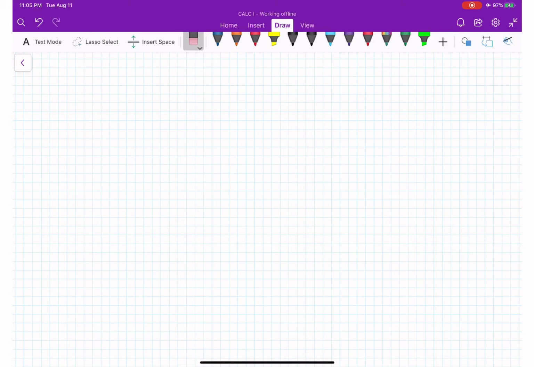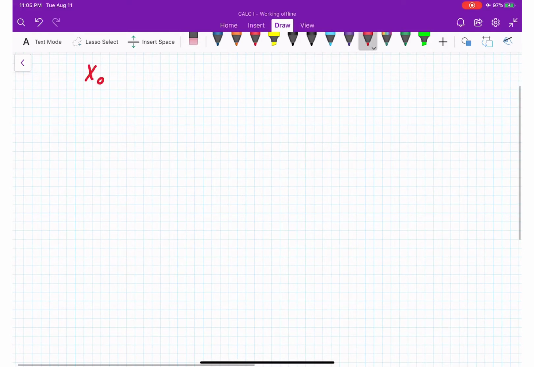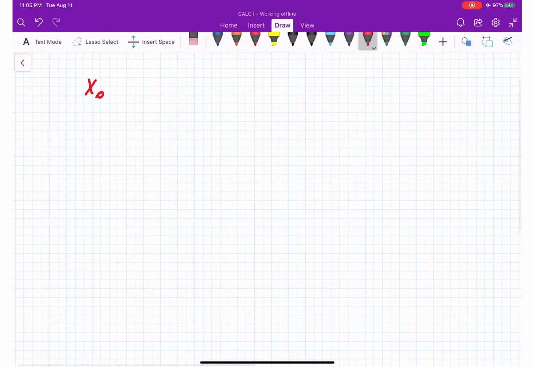Let's assume we have x0 to be either an endpoint or a point at infinity, which can be positive infinity, negative infinity, or infinity itself, including positive and negative.